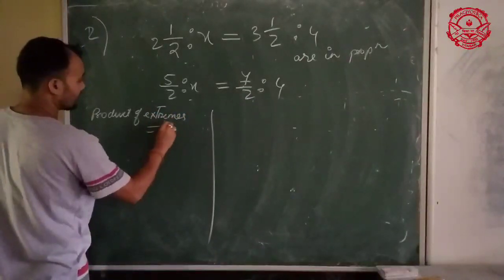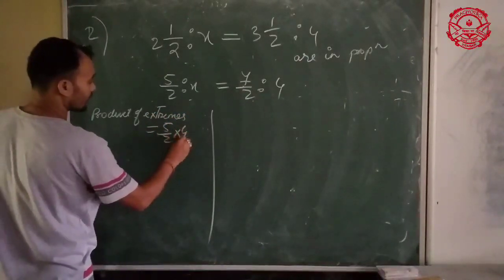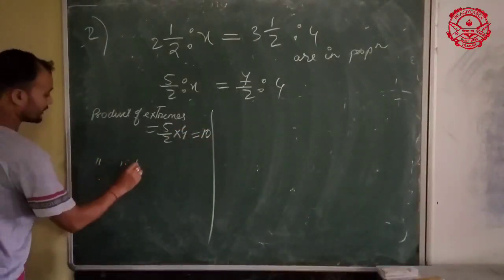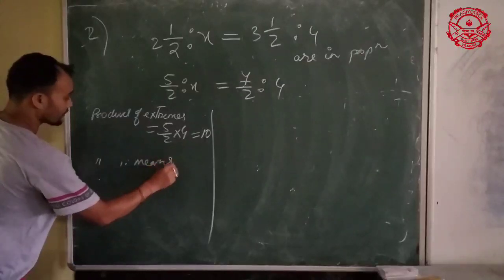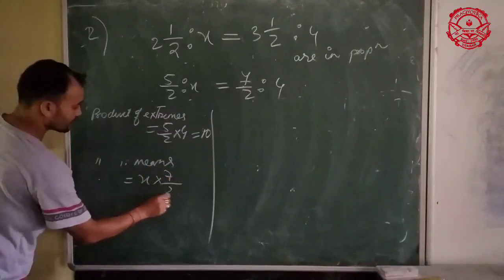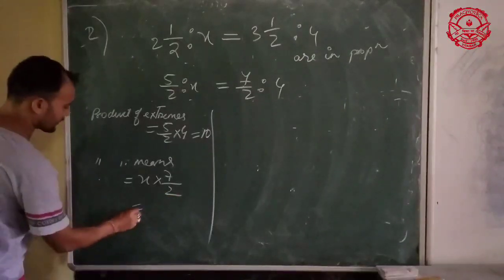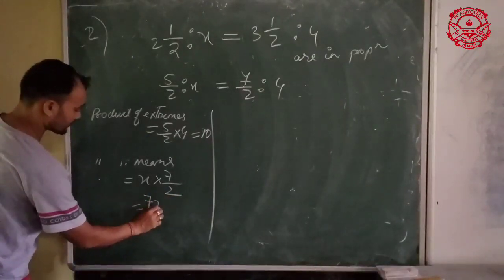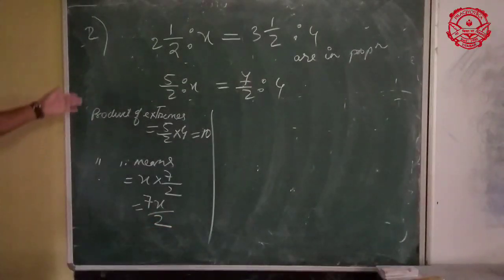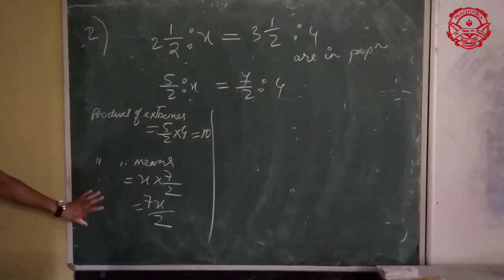equal to how much? 5 by 2 into 4 equal to 10. Product of means. What is the product of means? It is x and 7 by 2. Fine. It is 7x by 2. Okay. Since they are in proportion, this part should be equal to this part.